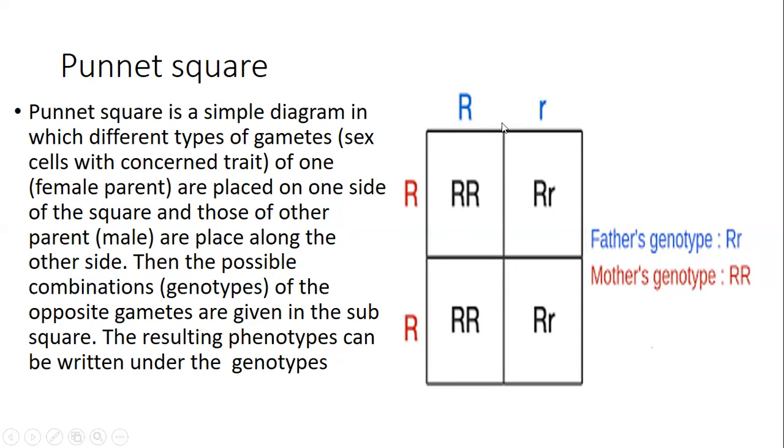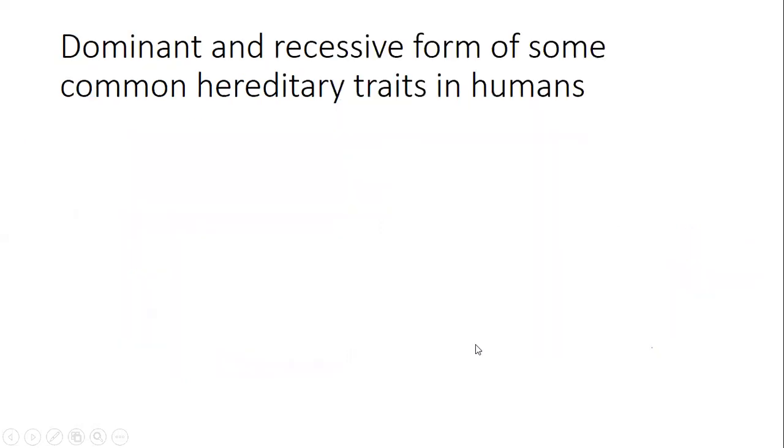The possible combinations of the opposite gametes are given in the subsquares. The resulting phenotypes can be written under the genotype, like tongue roller, tongue roller, tongue roller, tongue roller. So this is a Punnett square.